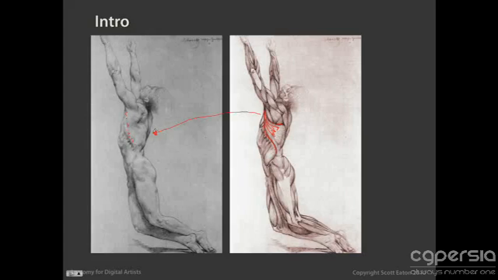You're seeing how this underlying structure is actually represented on the surface of the body, with skin, with fat. So you're getting a double benefit. You're getting structure and construction in addition to the actual surface shapes and form, which is what you ultimately want to represent.